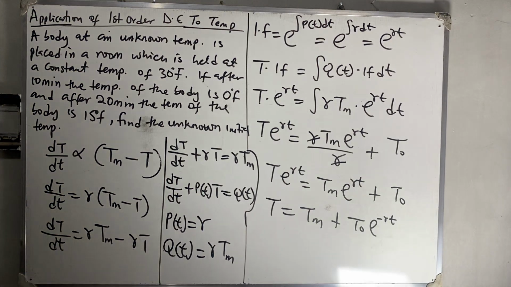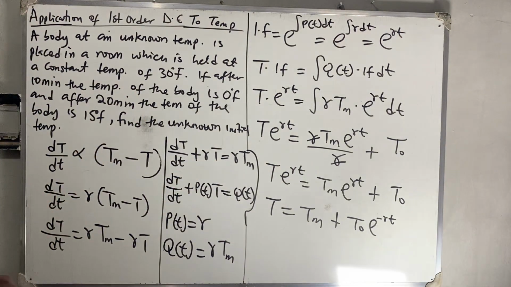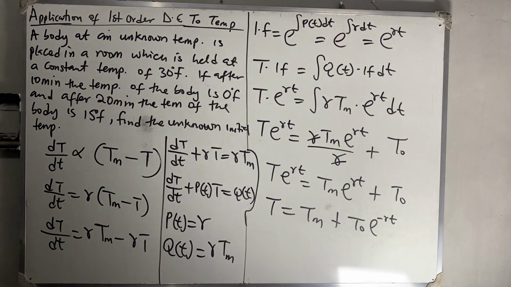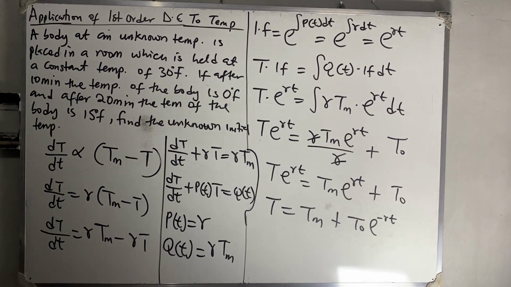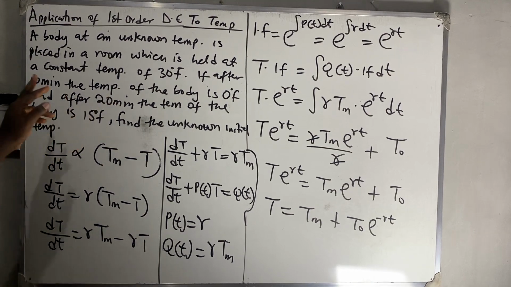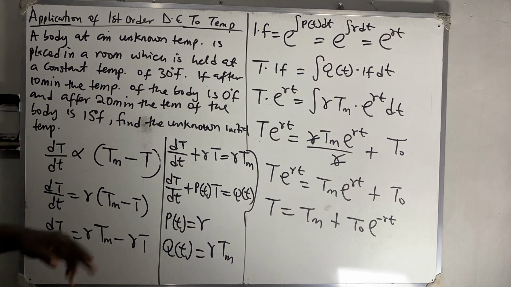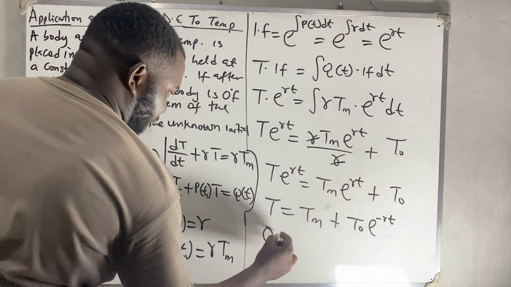So if this is now my equation, we are going to be seeing that we need to find the Tm, they gave us the temperature of the room is Tm, which is 30. So they say that if after 10 minutes the temperature of this body is 0, okay, so the temperature is 0 at 10 minutes.